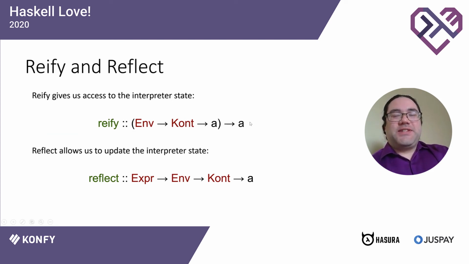But this includes all the interpreter state. To get the code for other parts, we can actually look into the continuation, and we will see the arguments before they're evaluated. We'll have the code for that. And so this is how this would correspond to introspection. This is how we would see the state of the interpreter. And then reflect corresponds to the intercession. This is actually changing the state of the interpreter. So it just takes the three arguments to the interpreter and installs them in the interpreter.